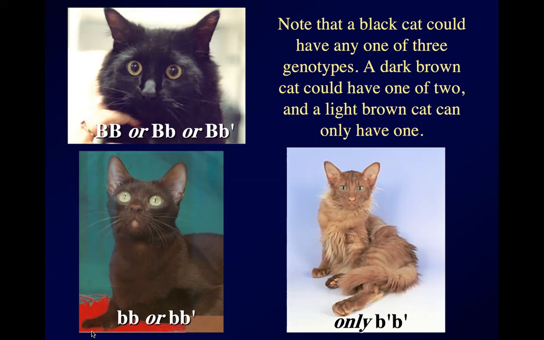So a black cat could have any one of three genotypes. You can't tell just by looking at the cat, although you might get some ideas if you could see that cat's offspring. A dark brown cat could have one of two possibilities, either little b little b, which is homozygous, or little b, little b prime. And a light brown cat can only have one possible genotype, little b prime, little b prime.